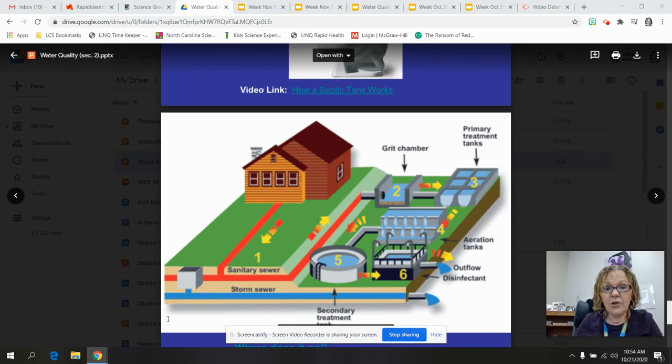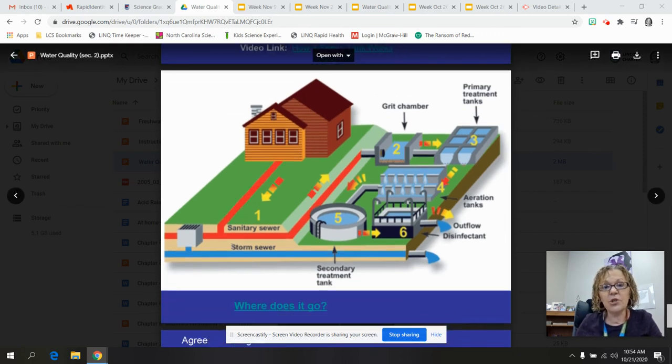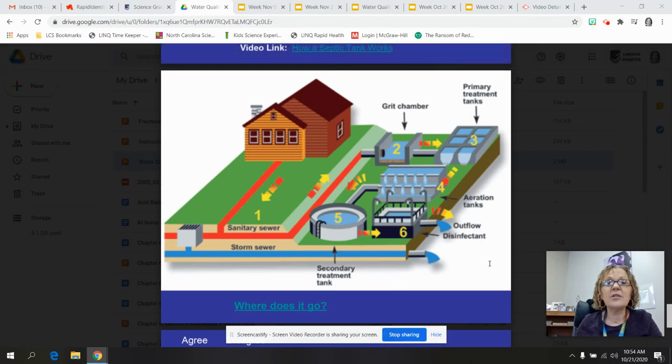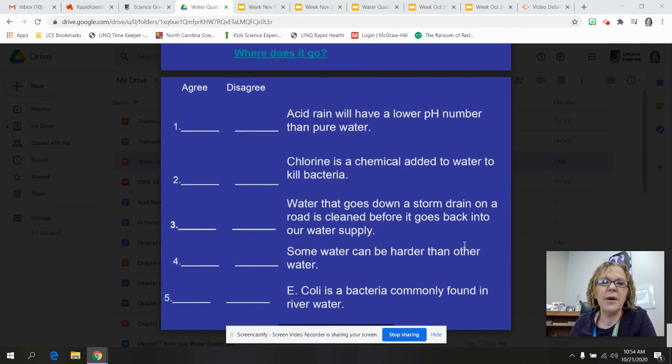So, unfortunately for some, that storm sewer is going straight into the lake. So that's why you need to be careful about trash, debris, things like that that are on our roads and in our yards, because they're going straight into the lake or reservoir or wherever you're connected to, okay? Definitely be sure to watch that video. They are funny videos.